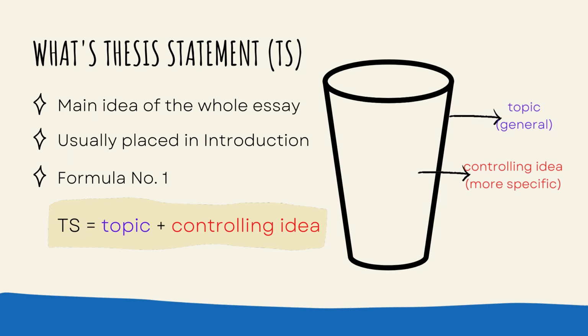So the top part is referring to the more general idea, which is the topic, and the bottom part, which is slightly narrower in diameter, is referring to the controlling idea or the more specific part of the thesis statement.